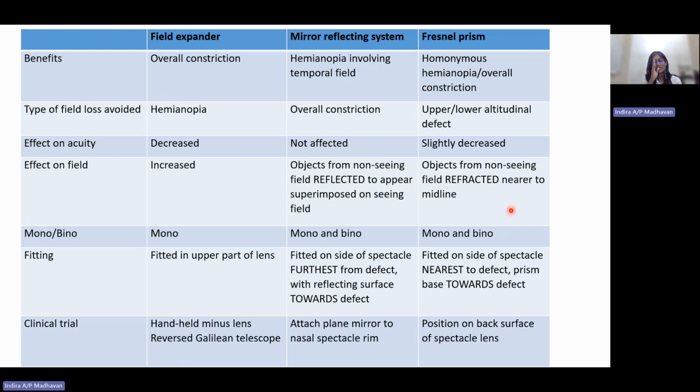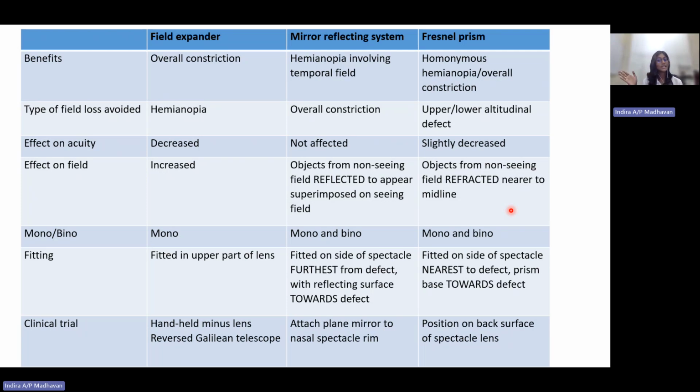Basically, it is fitted on the side nearest to the defect. Unlike the mirror reflecting system, which is fitted away from the defect side, the Fresnel prism is on the defect side. So this Fresnel prism is fitted on the defect side, which is temporal and temporal in this case, and the base is also towards the defect side.